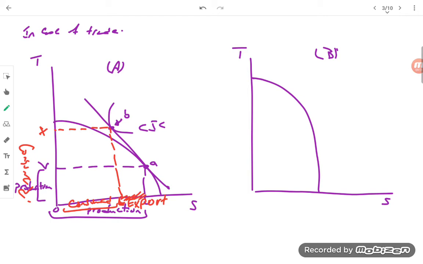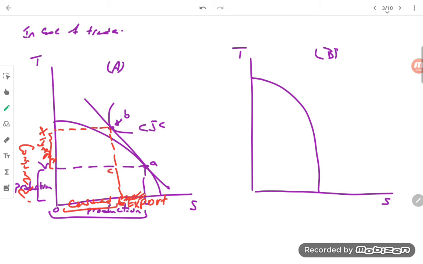While with respect to textile, country A is going to produce OV and consume OX. So there is a shortage, the area VX, that can be satisfied by importing from abroad.